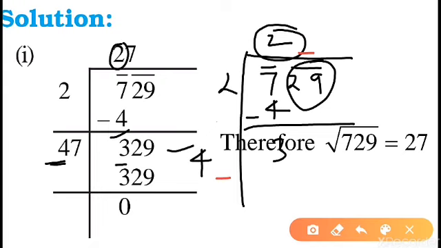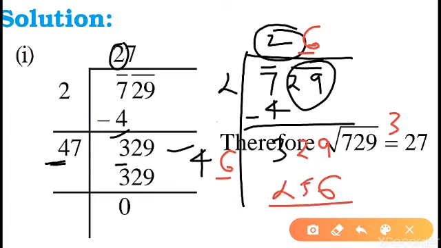For example, if we take 6, we know 6 6s are 36. Now we have just copied here, and 6 6s are 36 and carry 3, and 6 4s are 24, and 3 is 27. So 256, but 256 is smaller. We will try for the larger one, okay.